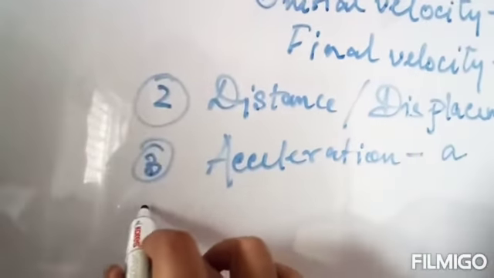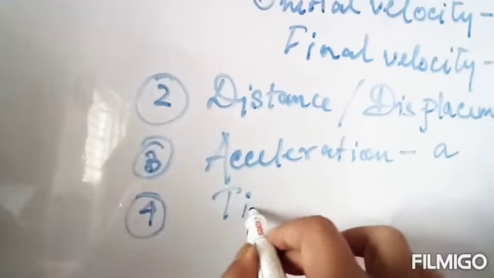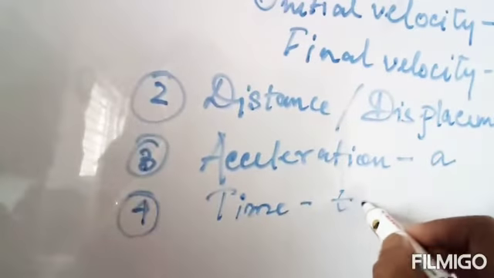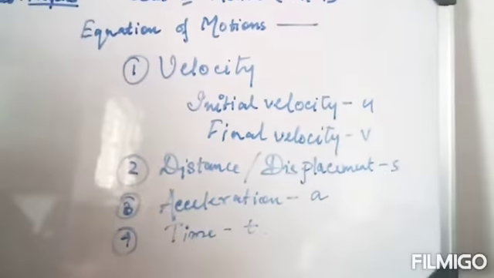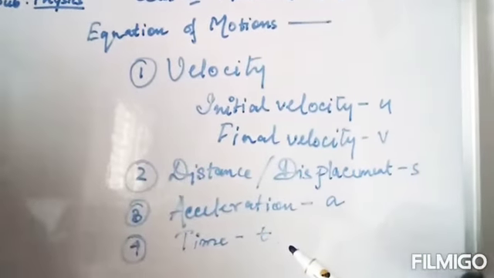And time is an important factor for finding motion, and it is denoted by t. These are the few things that we already know.